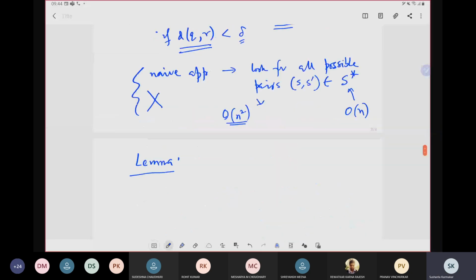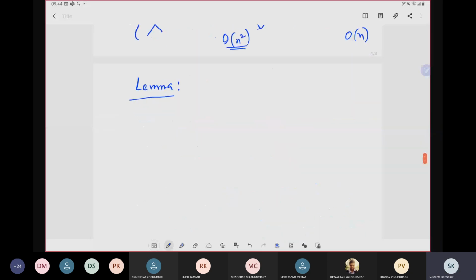Similarly, this is another powerful lemma which says that if such a pair of points S and S star should exist in S such that their distance is smaller than delta, then S and S star are within a constant number of positions of each other in the sorted Sy star.